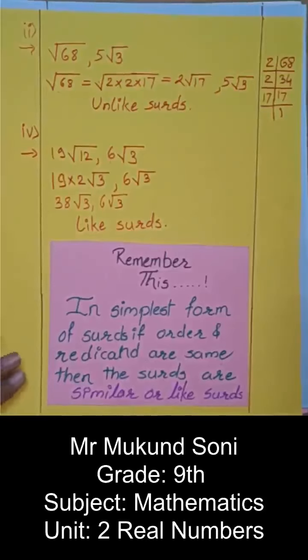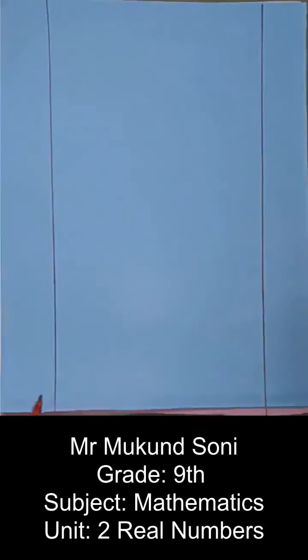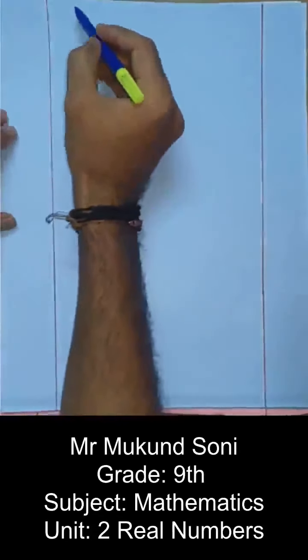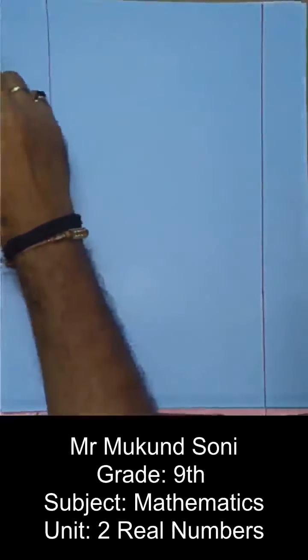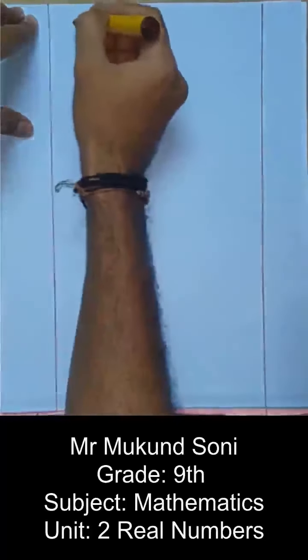I hope you have understood this through plenty of examples. Now let's do some operations on surds. Today we are going to perform only simple operations such as addition and subtraction. So let's add and subtract surds.